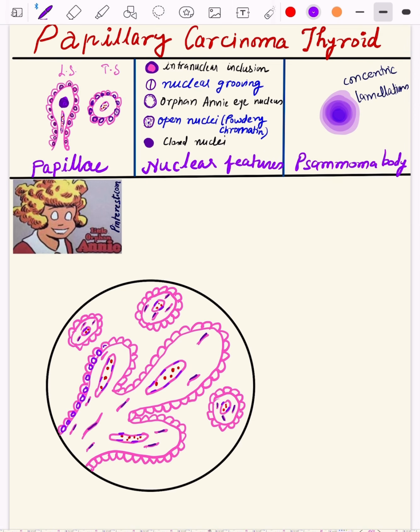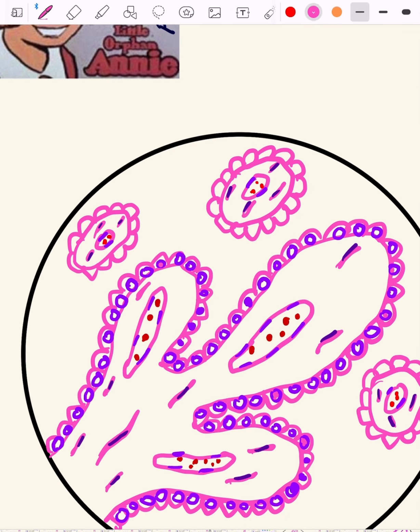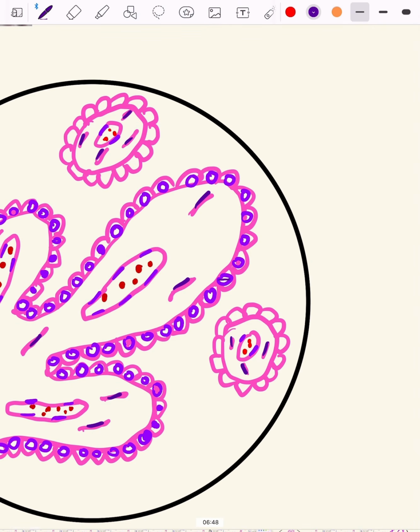In some nuclei you can show the Orphan Annie with a central optically clear nucleus. In some nuclei you can show the intranuclear inclusion. Then in some you can make the open chromatin nuclei or closed chromatin nuclei. So first you make the nucleus, then in some you can make the grooving like this. Like this you make the intranuclear grooving.